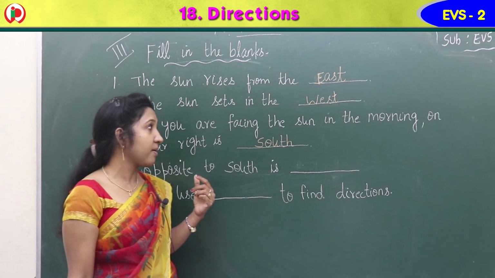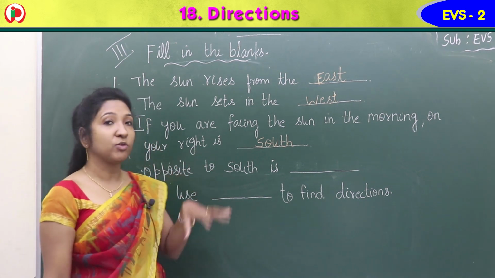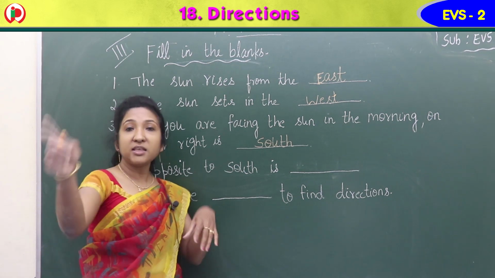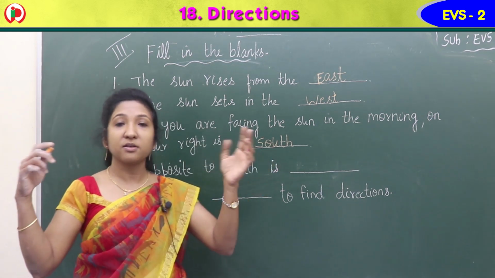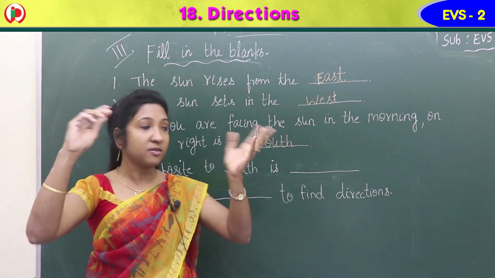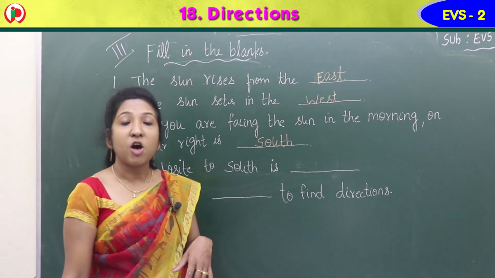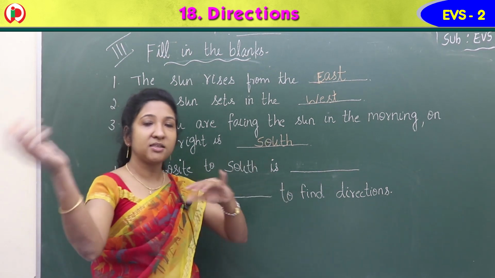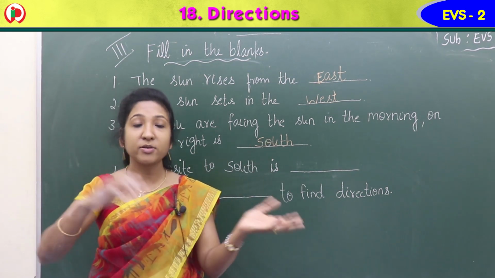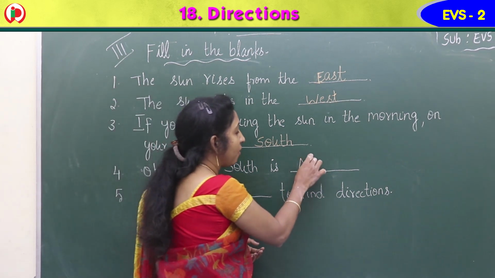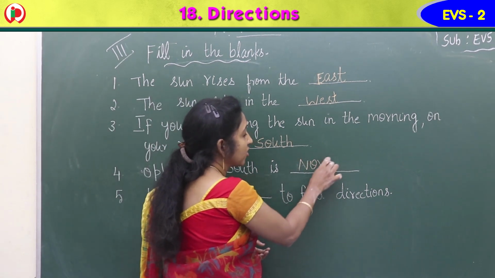Opposite to south. Which direction can you see opposite to south? East, west, north, south. So opposite to east we can say west. East, west. Then north, south. So opposite to south is north. N-O-R-T-H.